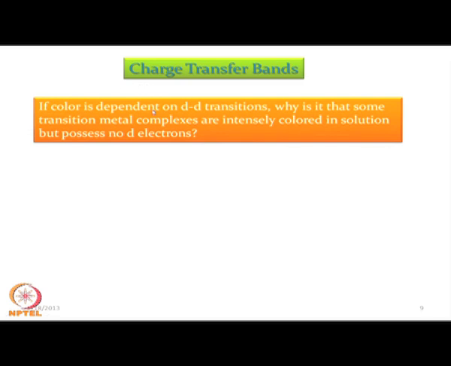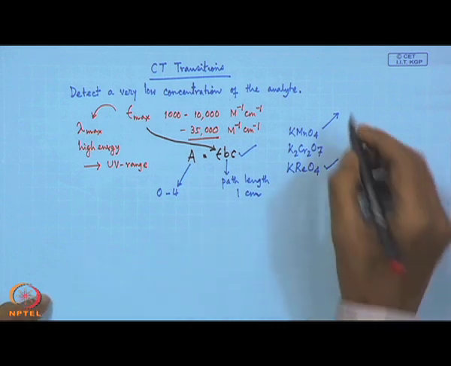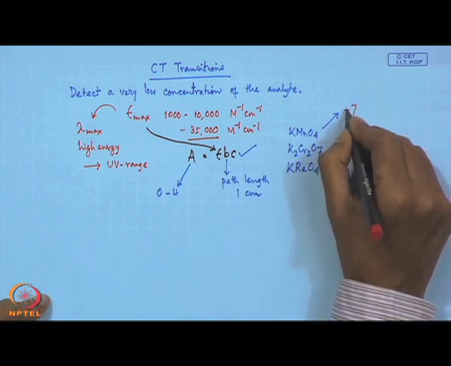So, for a d-d transition the color depends on that transition, but why are some transition metal complexes intensely colored in solution even though they do not have any d electrons, such as KMnO4, where manganese is present in the +7 oxidation state?